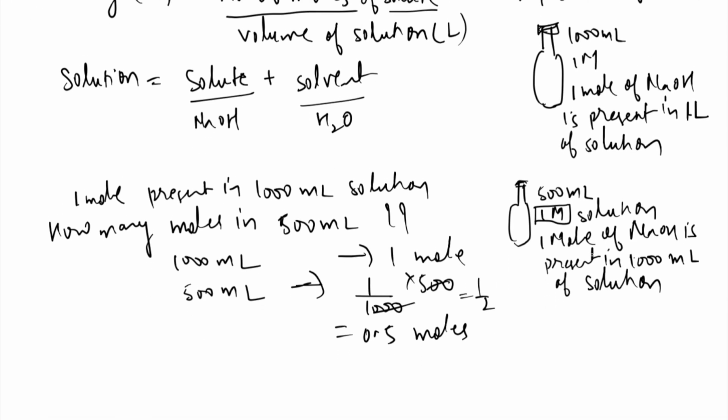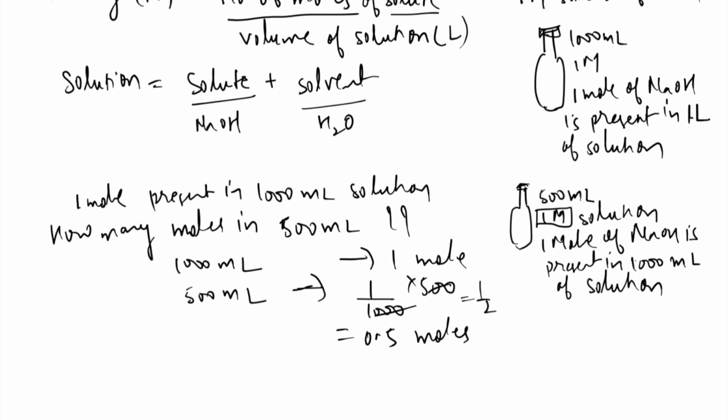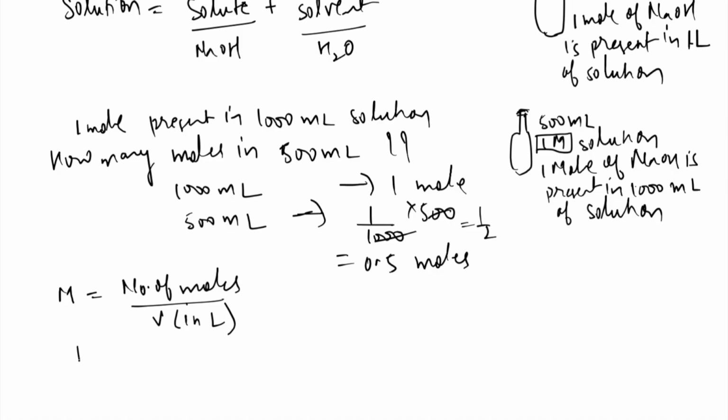And you can get this by using this formula also. So here we have the formula of molarity: number of moles divided by volume in liter. So if I'm saying it is 1 molar, number of moles will be molarity times volume in liter. So it is 500 ml, so in liter it will be 500 divided by 1000.